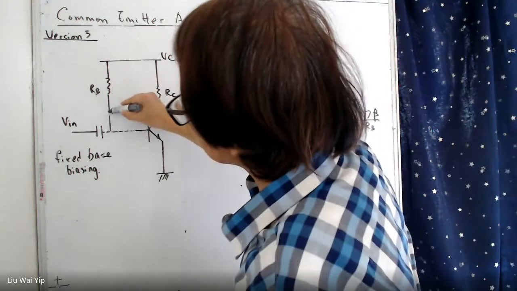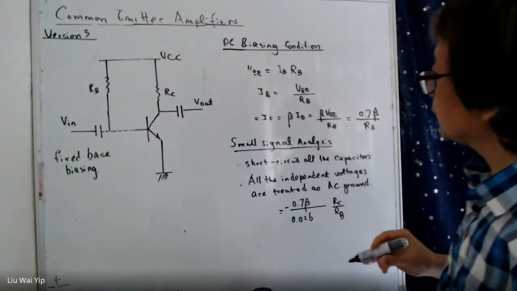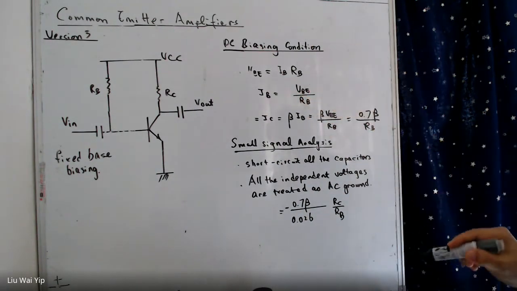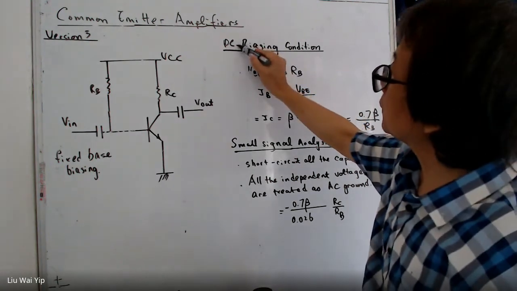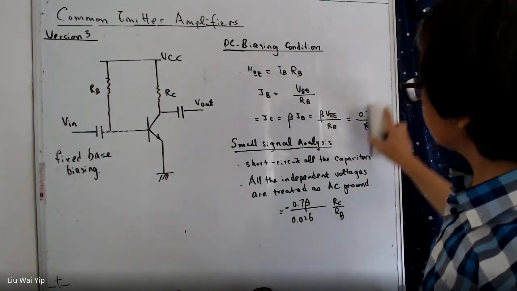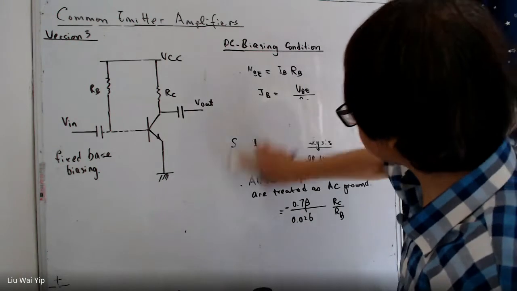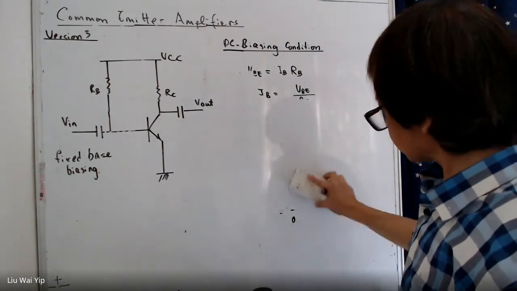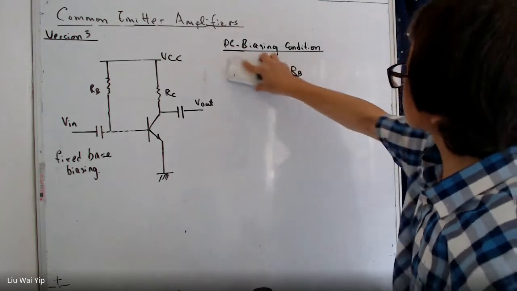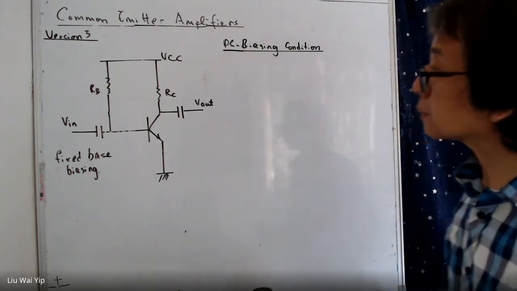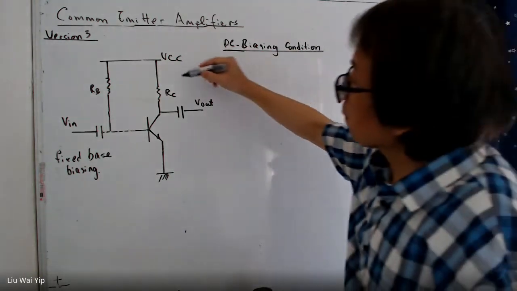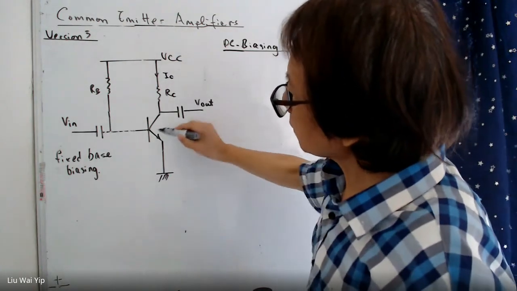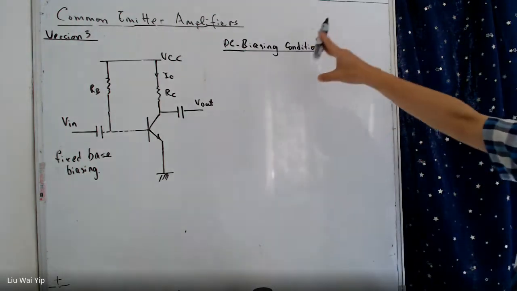Again, we are going to go through the similar analysis, DC biasing. Anyway, you can try this. First of all, DC biasing.